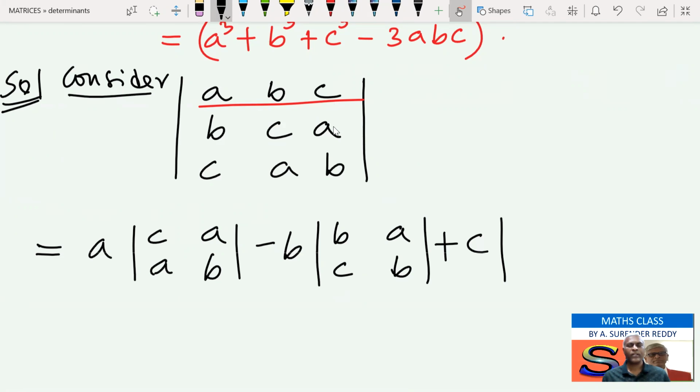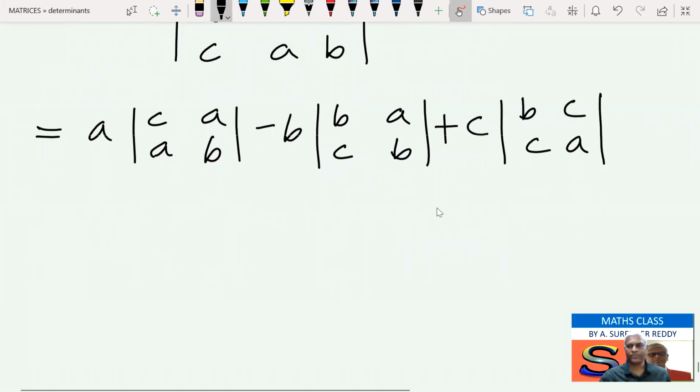So leave these 2 elements and take the remaining 4: BC, CA. So ఇది determinant తీసుకునేది. A into its cofactor, B into its cofactor, C into its cofactor. మనకు డిటర్మినెంట్ వస్తుంది. సో ఇది డెఫినేషన్.